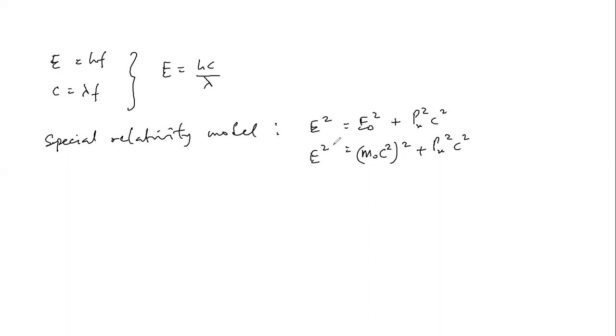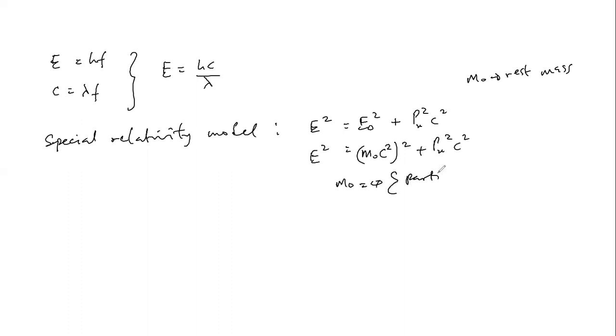So here, M naught is called the rest mass. Particles that travel at the speed of light have zero rest mass, and now we are considering this particle. So photons have zero rest mass, so M naught is equal to 0.